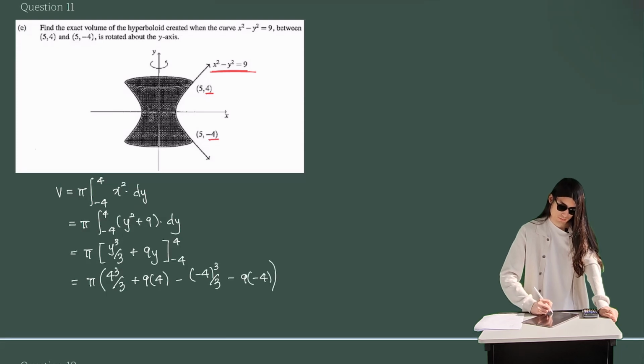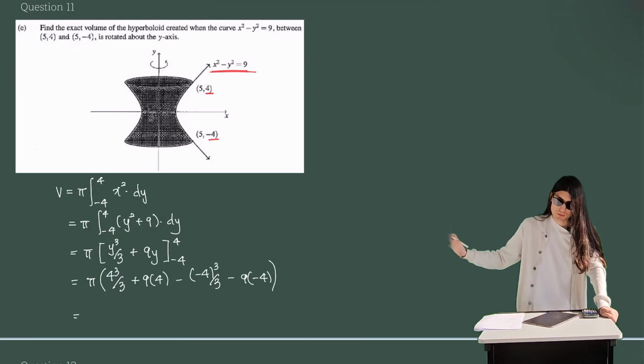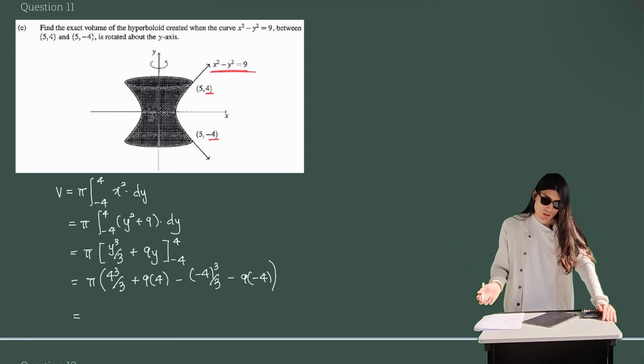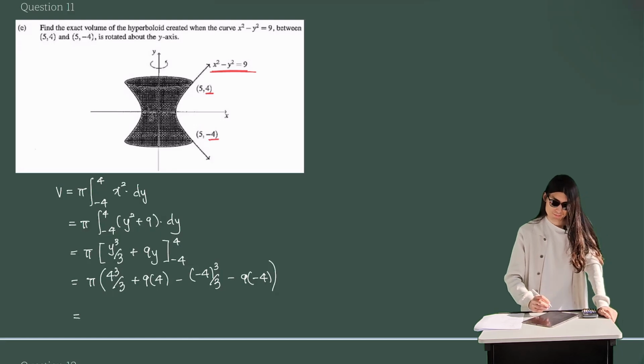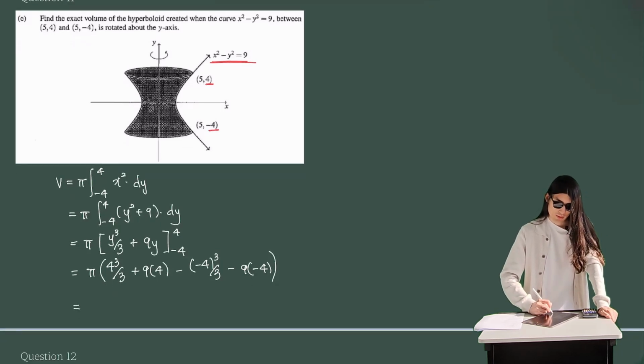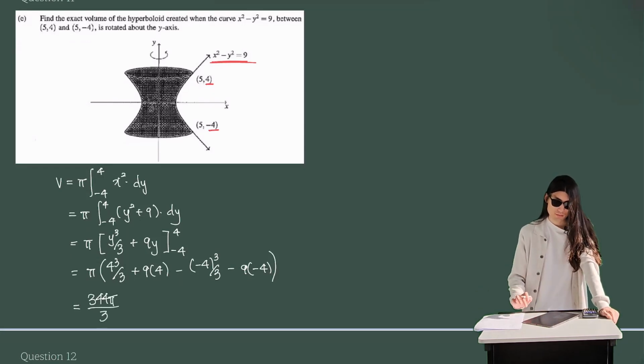Like that. And then that entire expression, of course, can just go into the calculator. And you put that in the calculator. Then you get 344 pi over 3 as your volume. Simple, easy question.